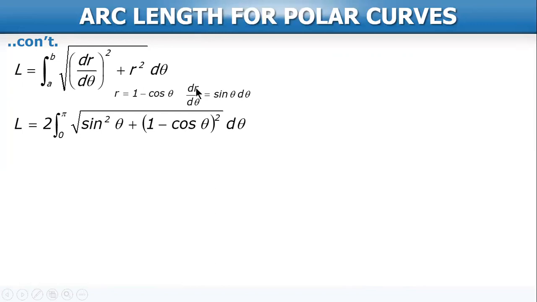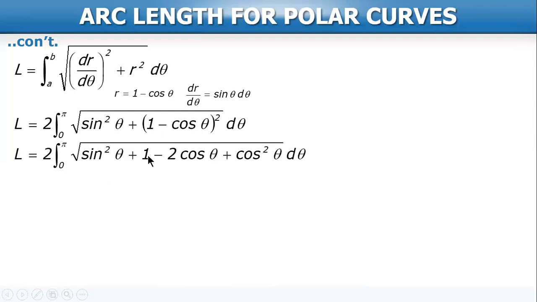Sorry. dr over d theta is sin theta only. No more d theta. Okay. Typo error. It's only sin theta. So square root of dr over d theta, which is sin theta, squared plus r squared, this one squared, d theta. And then we expand this one.